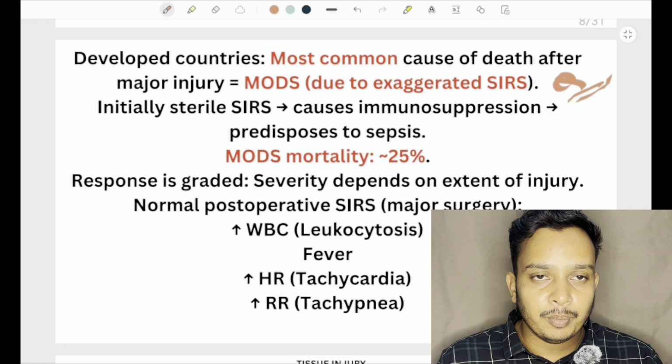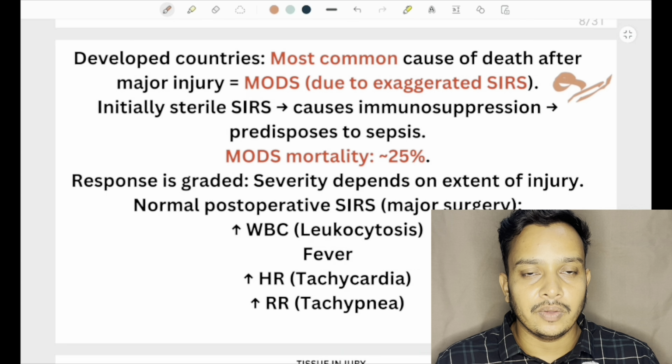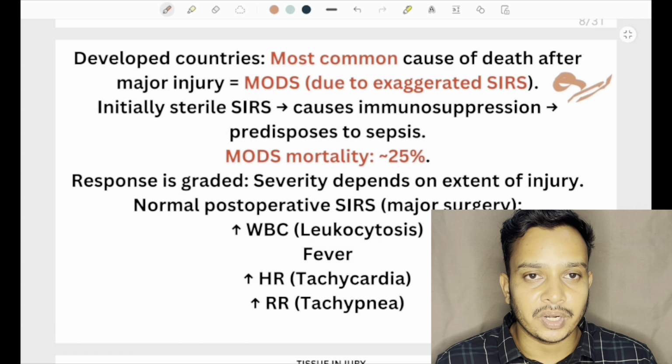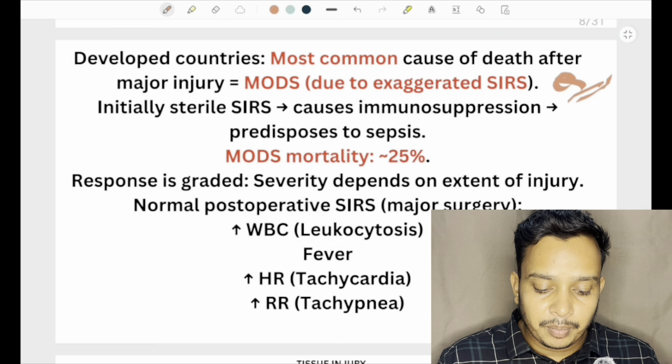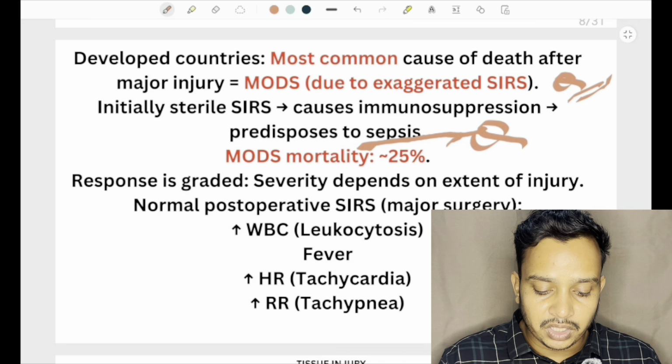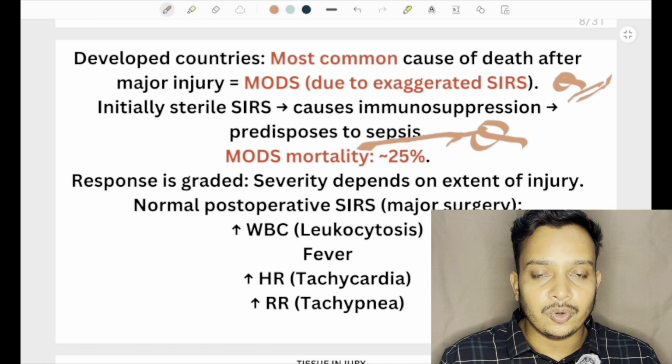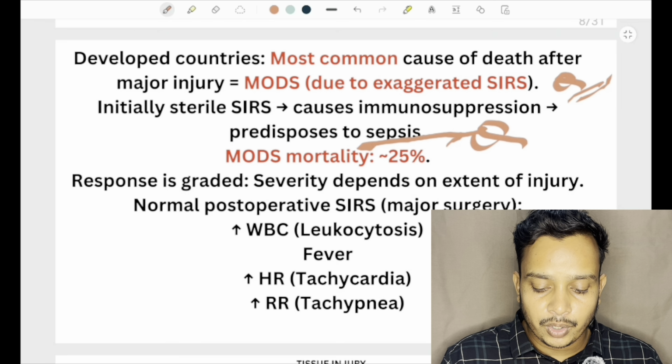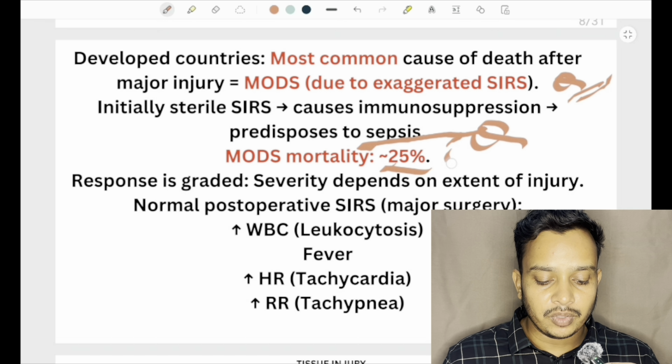Once the patient's immunity goes to a lower level, or the patient is immunosuppressed, the inflammatory response which was initially sterile later becomes infected and leads to sepsis. And remember one thing, multi-organ dysfunction syndrome has a mortality of up to 25%. This is also one of the MCQs.